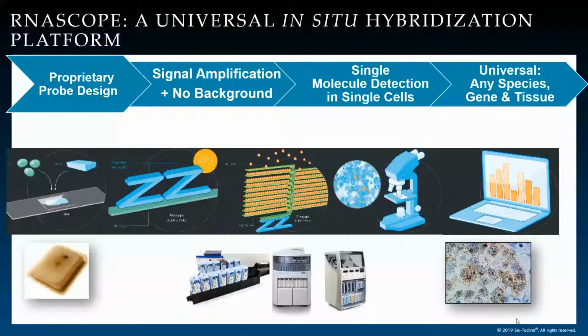So to start with, for those of you who are not aware of this technology, the RNAscope assay is an in situ hybridization platform with specific probe design and amplification strategy that allows for visualization of your target RNA marker with a high level of sensitivity and specificity.